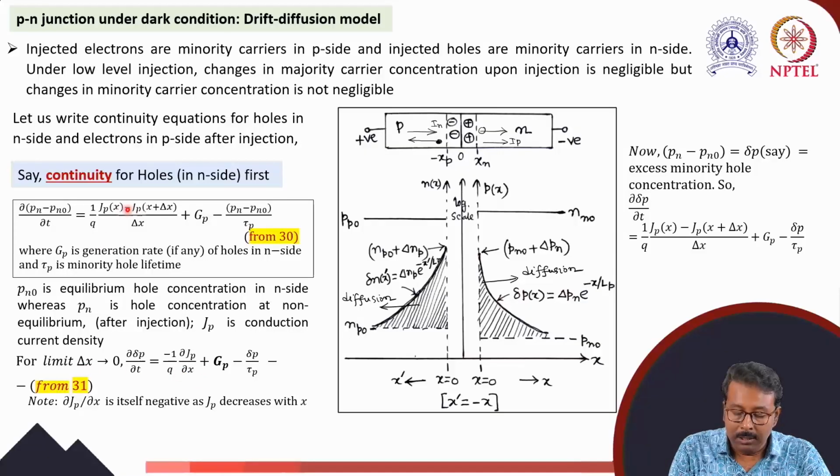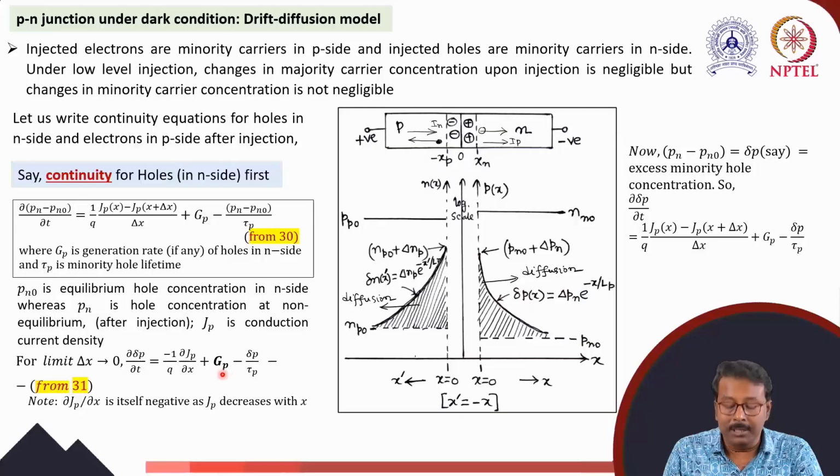This is negative because with increasing x from left to right, it reduces this value. That's why the minus sign is appearing. So the Jpx is itself negative.